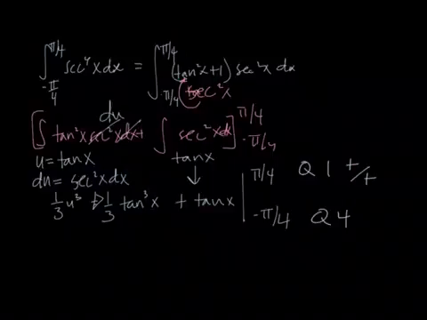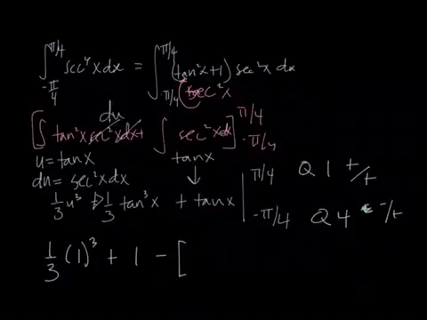In quadrant 4, it's going to be a negative over a positive. Negative y's, positive x's. So let's put this out there. This is going to be 1/3 times 1 cubed plus 1, minus 1/3 times negative 1 cubed minus 1.